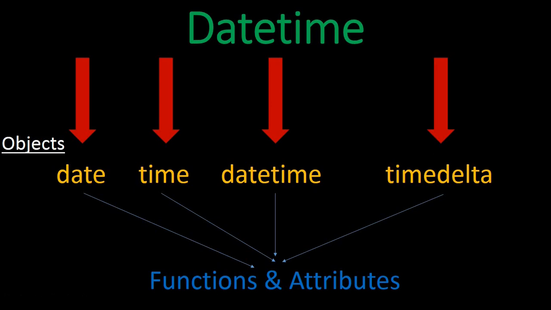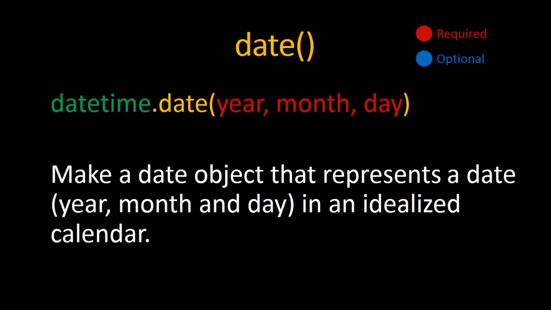We will see each one in a separate part in this video, and for each object you choose, there's some functions and some attributes that work only on that. Okay, and now let's start with this date object.